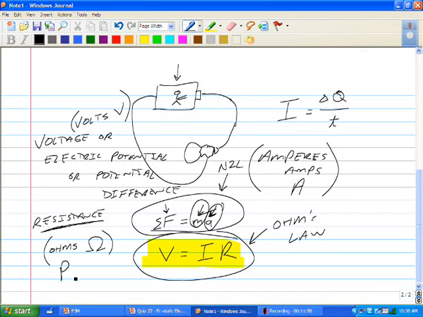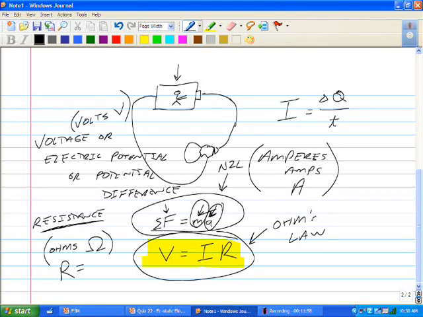What affects how much resistance a material or an object has? It's similar to friction, right? It's analogous to friction, and so some of the same factors are going to play in. Here's a wire.